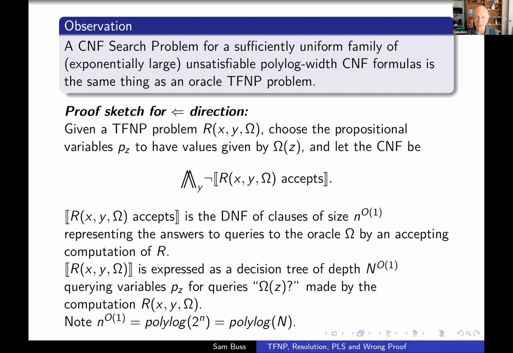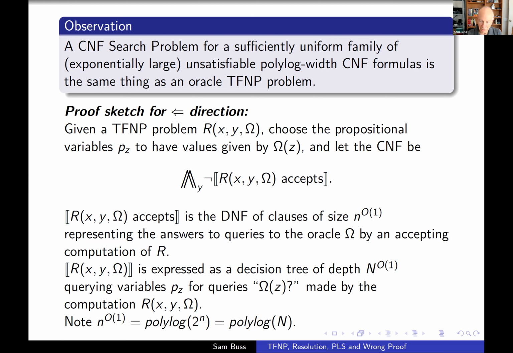And the reverse direction is maybe just as easy and maybe a little less obvious: if you have a TFNP problem, you can encode it as a polylog-width CNF unsatisfiable search problem. We're looking for the following.